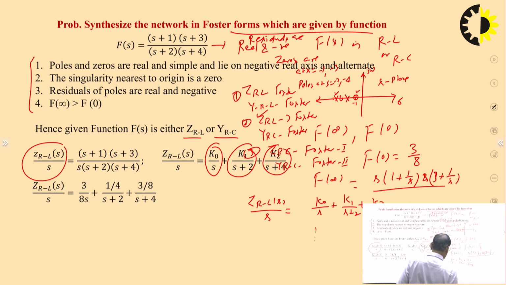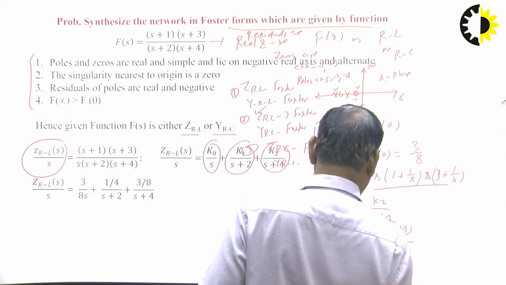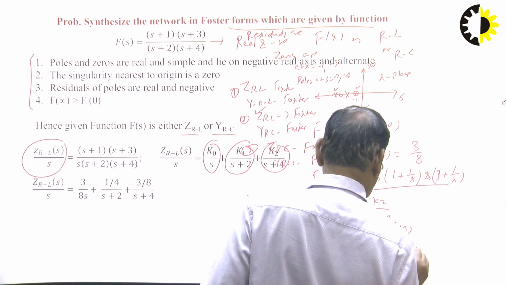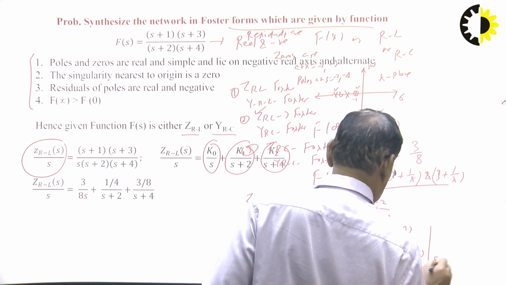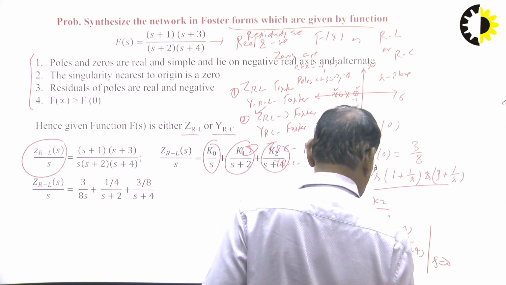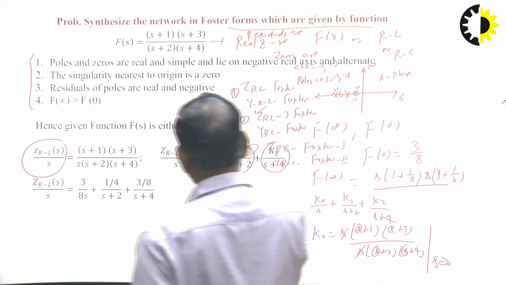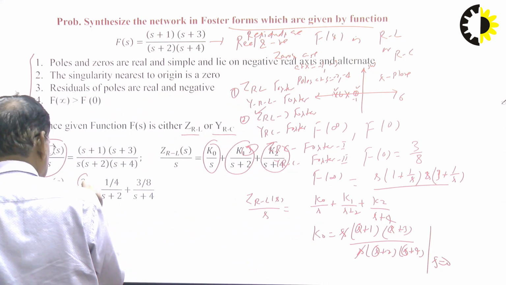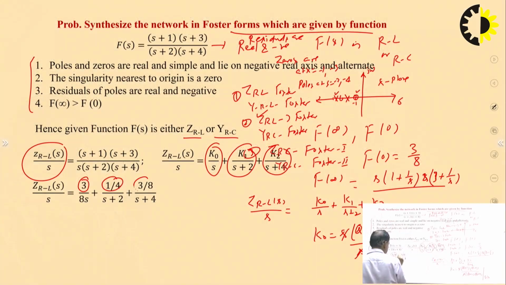So K0 is S into S plus 1, S plus 3, over S into S plus 2, S plus 4, at S equal to 0. So this cancels out, the rest is 0, and we get 3 by 8. This way we can find K1, K2. So these are the pole residuals, 3, 1 by 4, 3 by 8.